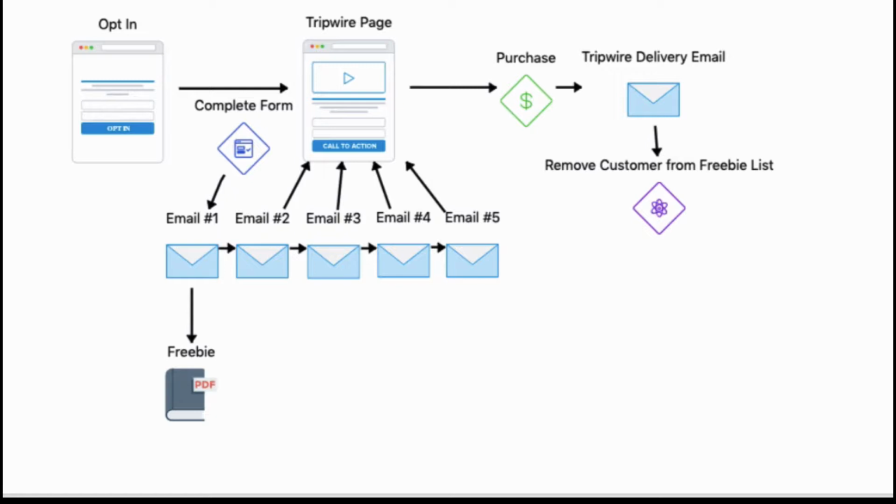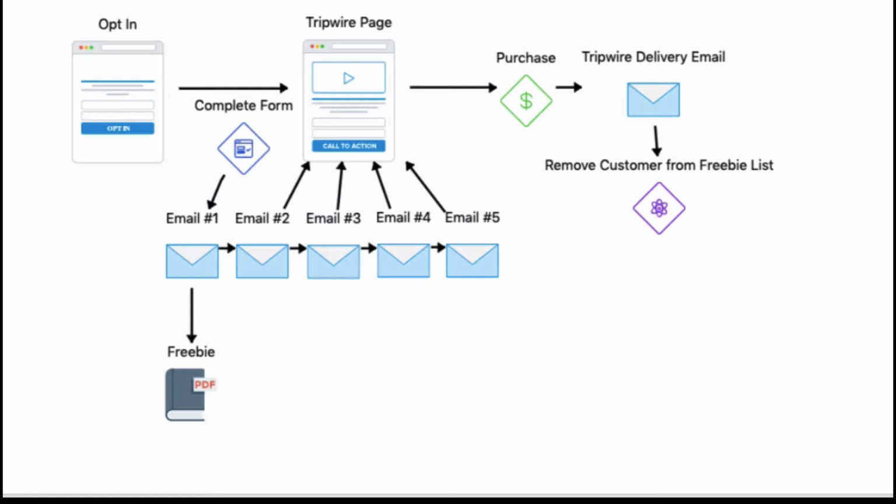And then they get a sequence of emails over the space of a certain amount of days, which all drive them back to the tripwire page. If they buy from any of these emails, they will get the tripwire delivery email and they will be removed from the freebie list. That's really important.